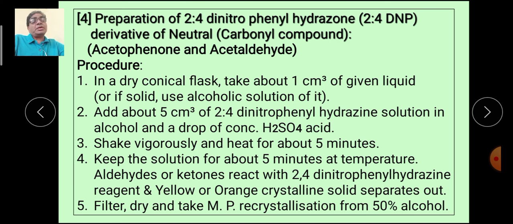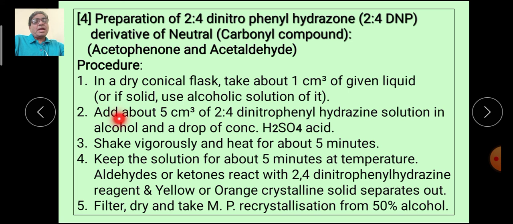The procedure: in a dry conical flask, take about 1 cc of the given liquid. Of course, acetophenone is a liquid and acetaldehyde is a liquid. The conical flask must be dry.